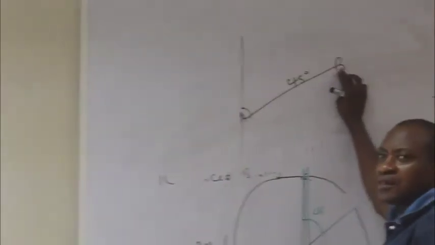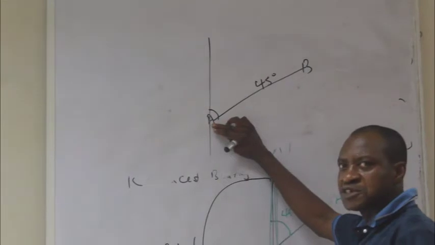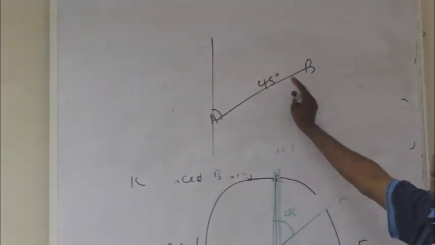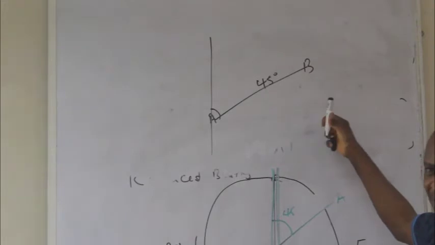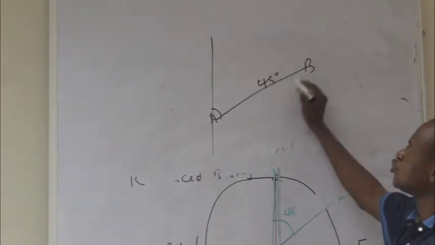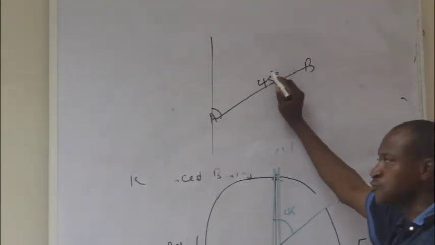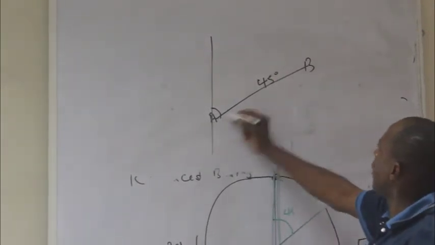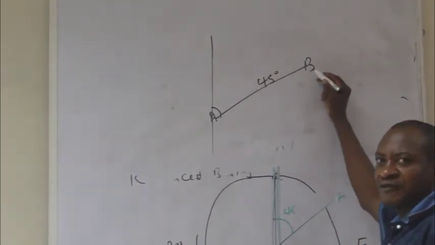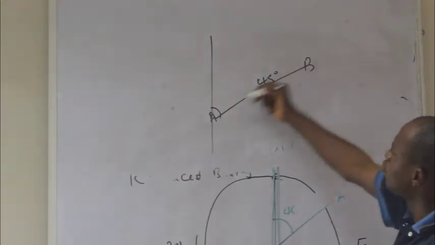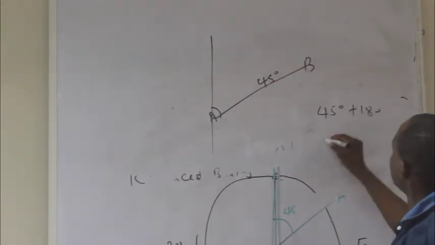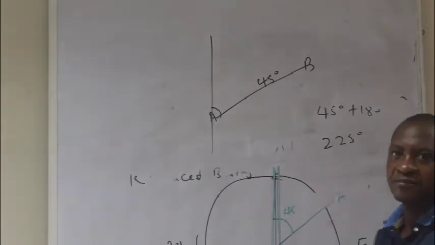If I get to B and I turn to sight A from B, it's going to be plus or minus 180 added to or subtracted from the initial reading I took. If I'm at A, I observe towards this one, that is 45 degrees. If I get to B and I want to look back here, it's going to be 45 degrees plus 180, which is 225 degrees.